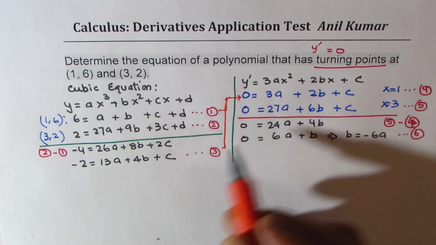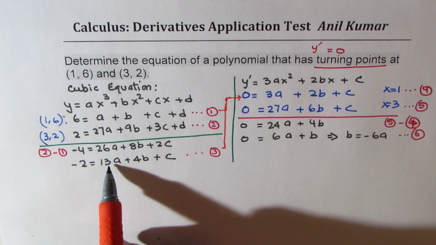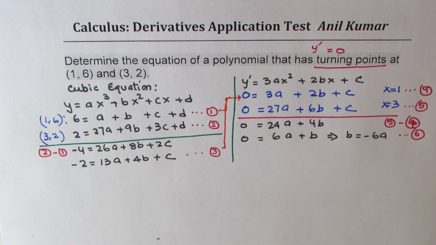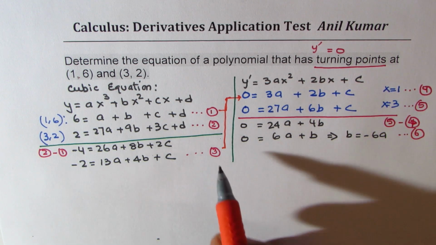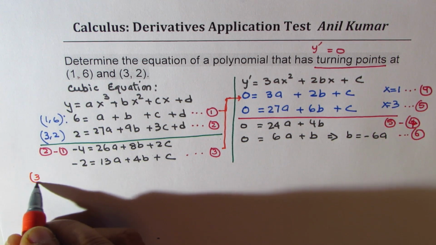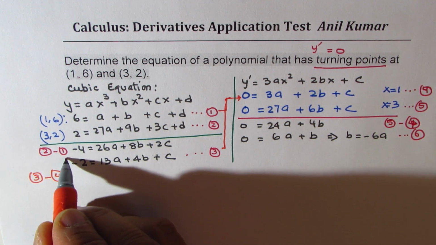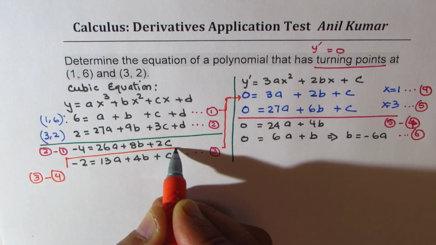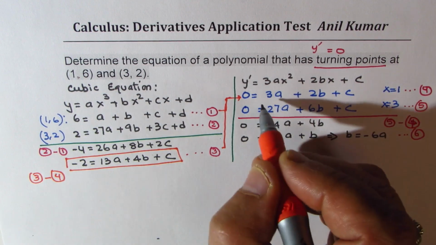Now these equations we can eliminate c and get the second equation in terms of a and b. Okay, so now we'll work with equation 4 and equation 3. So let's do equation 3, take away equation 4. Right, so now we are working with this equation and this equation.